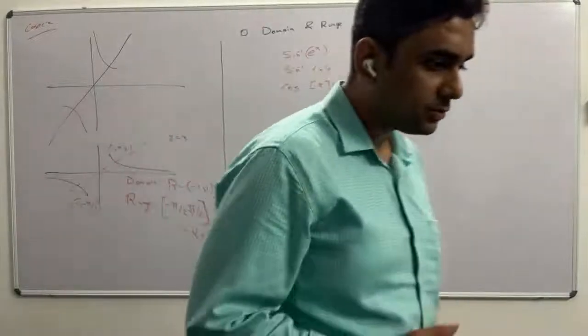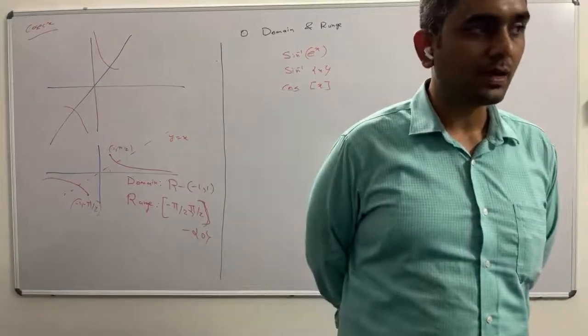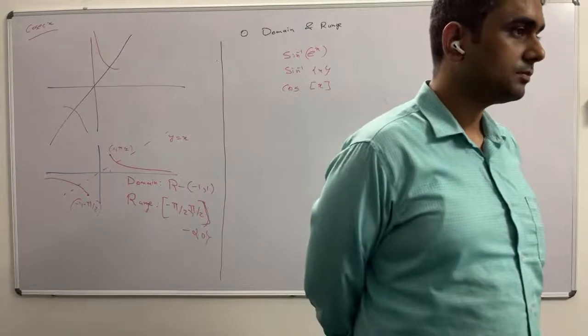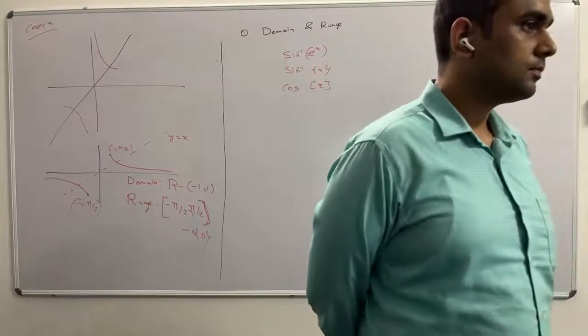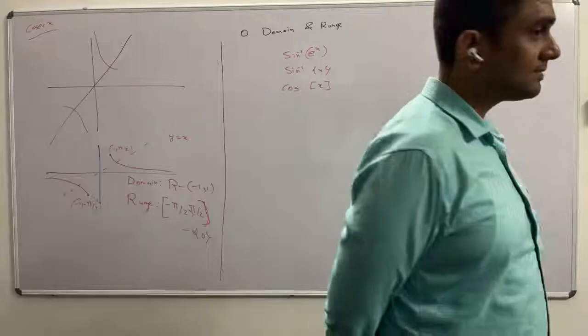Guys, let me know as soon as you are getting any answer. All right, try it out. It's simple domain and range. What we have done earlier is just that we are putting some inverse trigonometric function. First one we need to find out for sine inverse e power x.